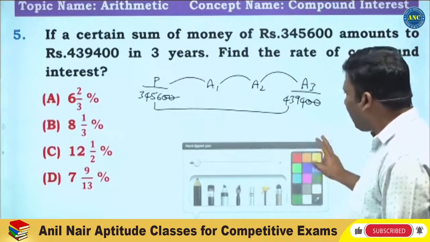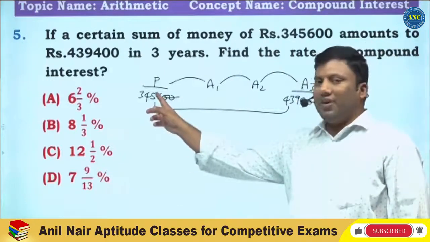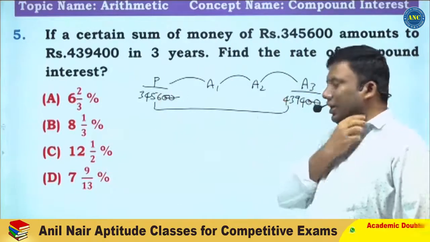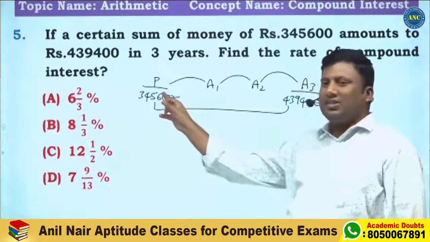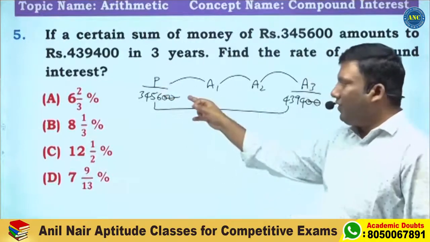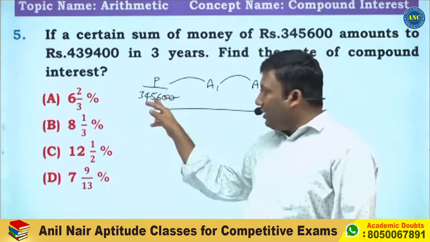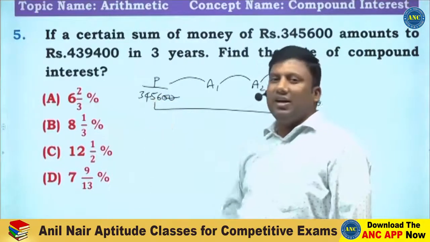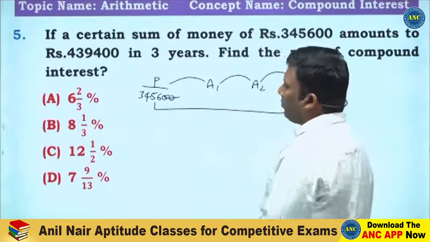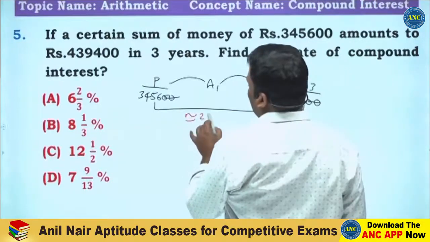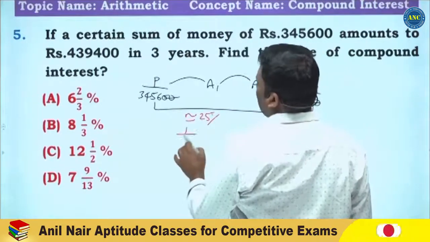Now if you see here, 3456, 3456, 4394. What is 50 percentage of 3456? No, the difference of 900 will be around 25 percentage. Why?